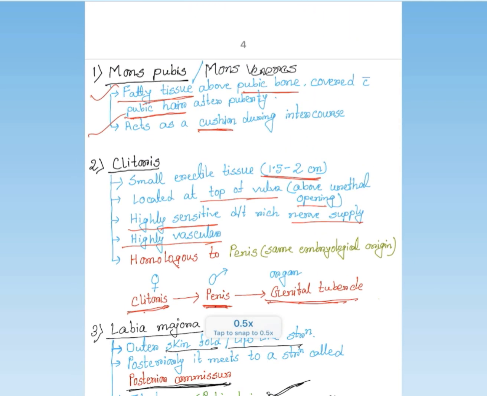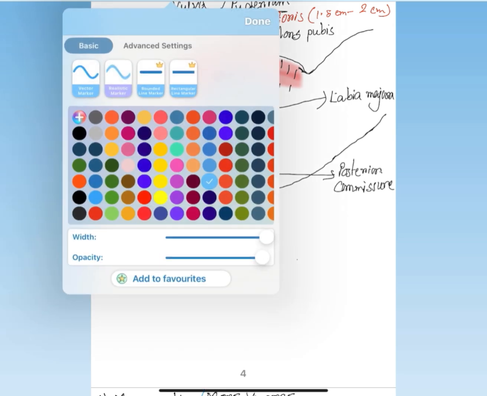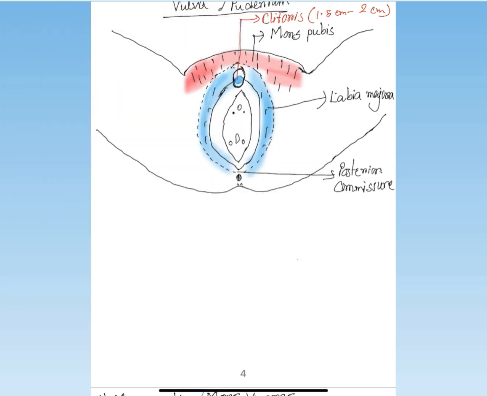Now coming to your labia minora. So what is labia minora? Labia minora is this portion. This is called your labia minora. What do you need to remember from this labia minora?